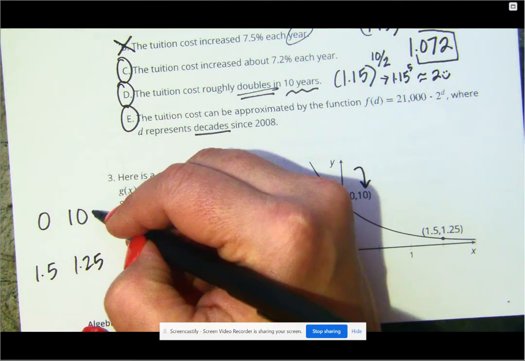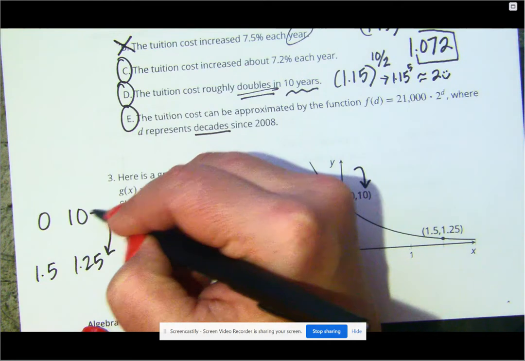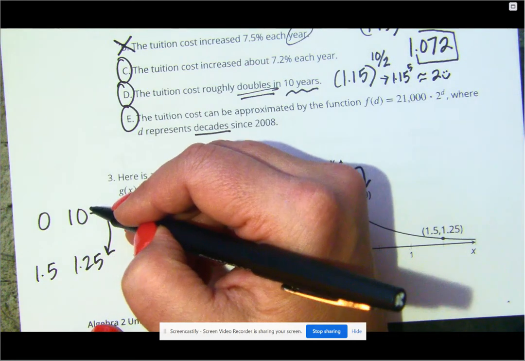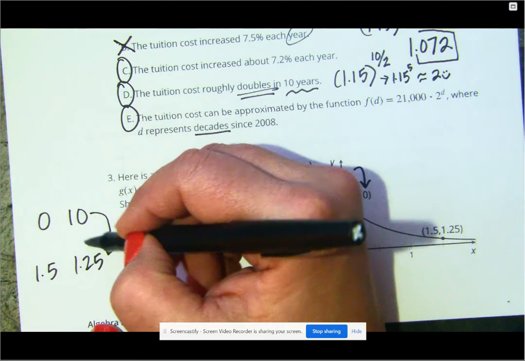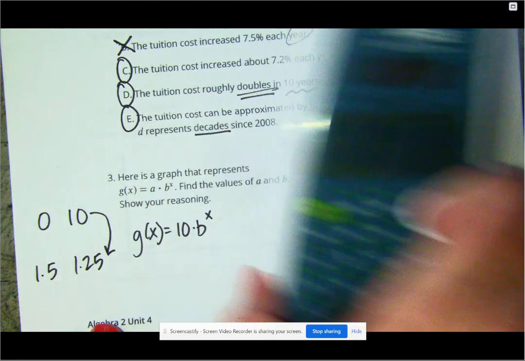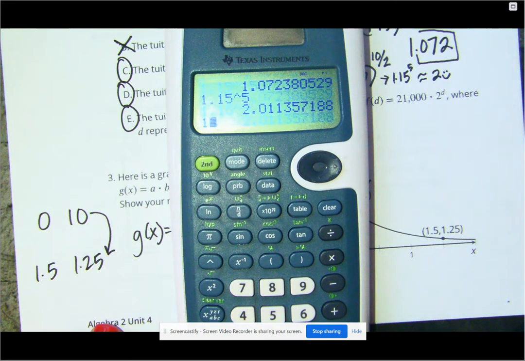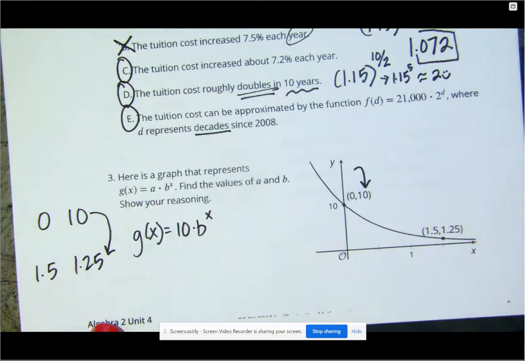If I want to figure out what I multiplied to go from here to here, most people can't look at that and figure that out quickly, so just take this number and divide it by this. So I get 1.25 divided by 10. I guess we probably could have done that one. 0.125.